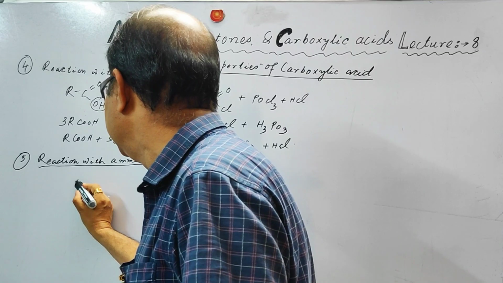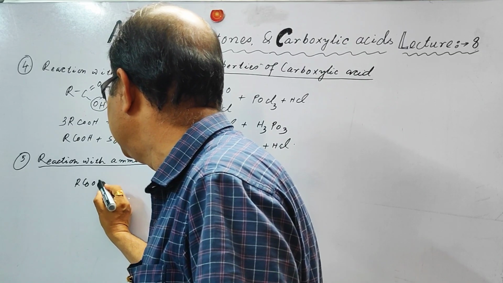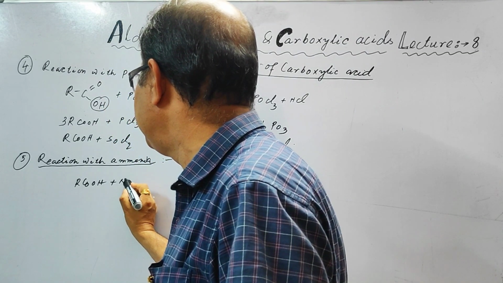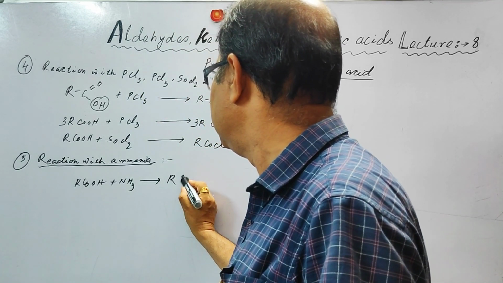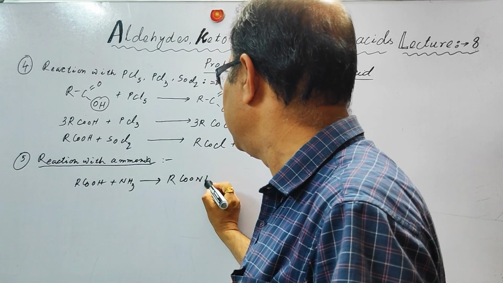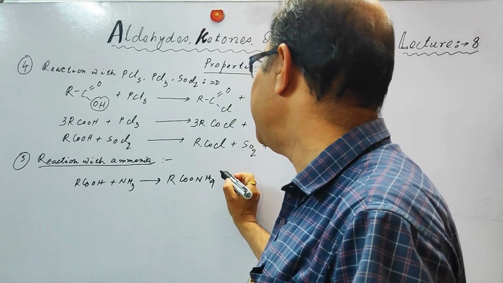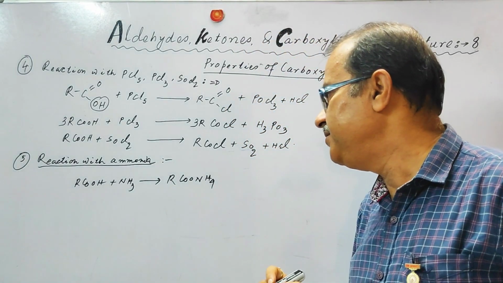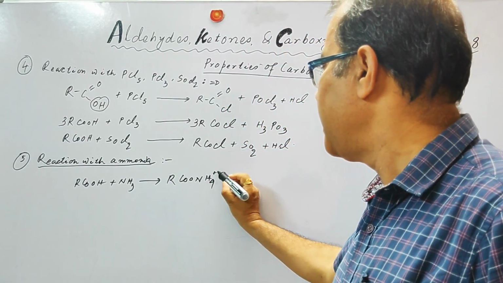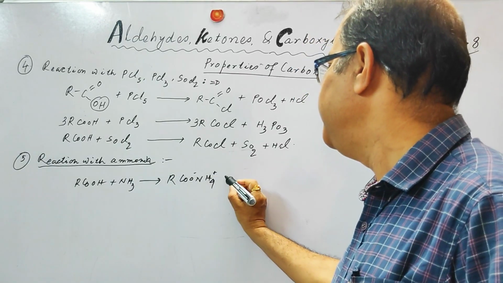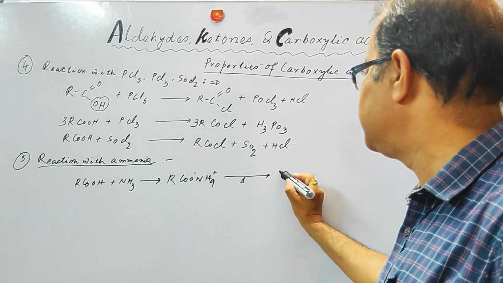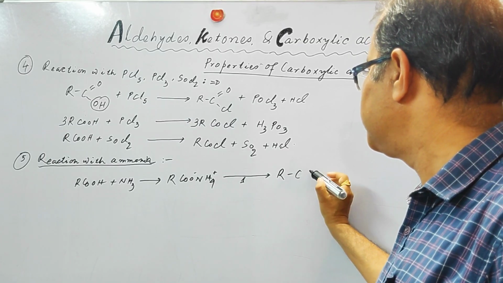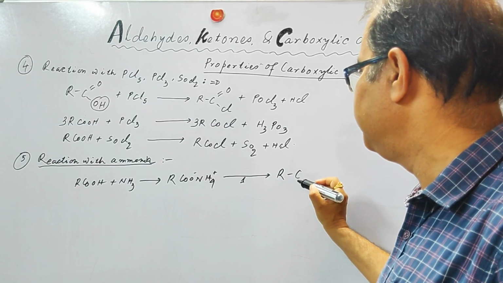So this is carboxylic acid and it is going to produce the ammonium acetate. And when this ammonium acetate has been heated, it is going to produce the acetamide.